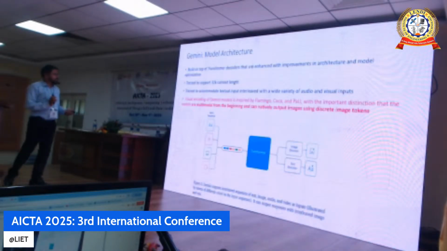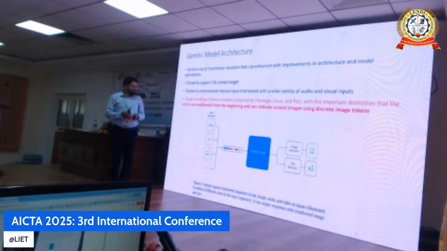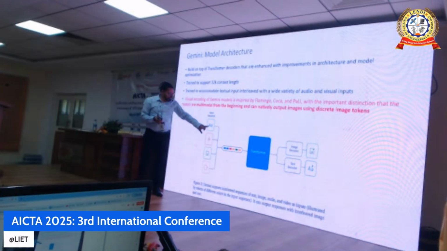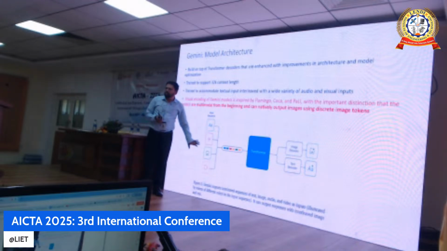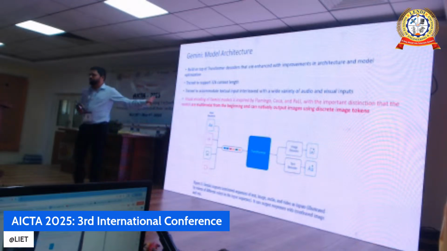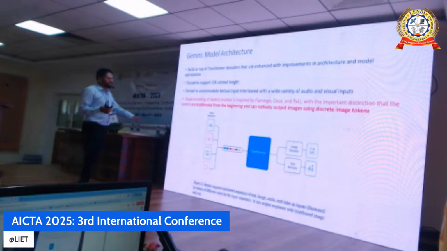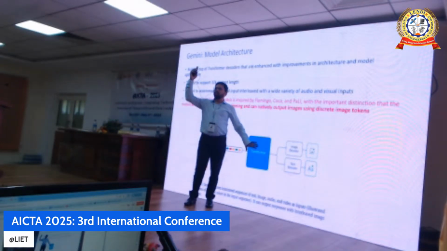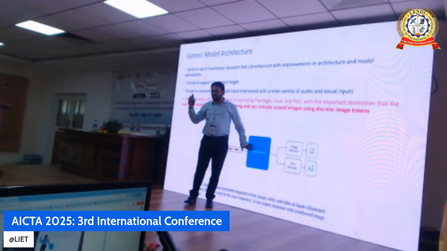See this one, the Gemini model, the recent Gemini model. How many multimodal inputs is it considering? Text, video, audio, and speech. It is taking different modalities, and there is something in the middle, a transformer-based model, not exactly a transformer.